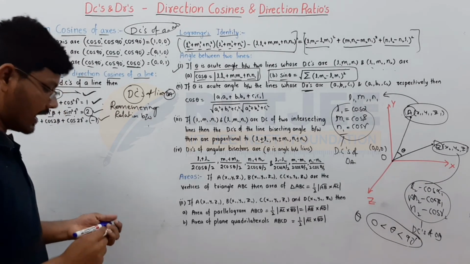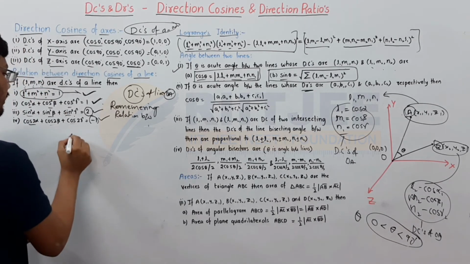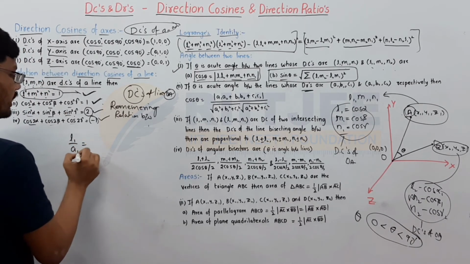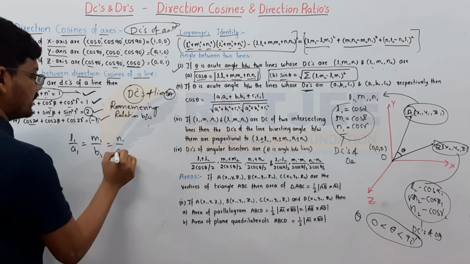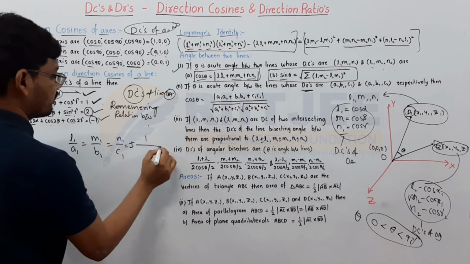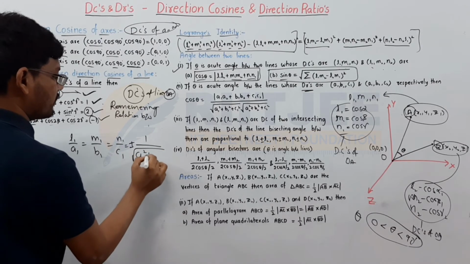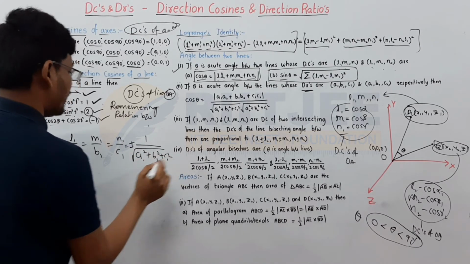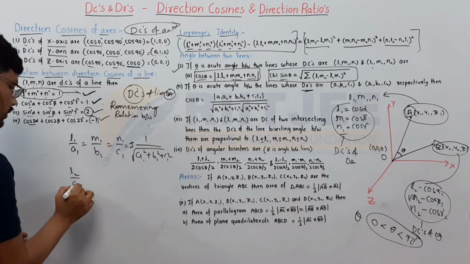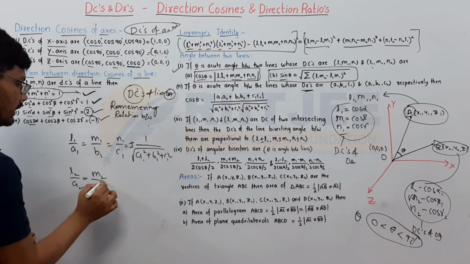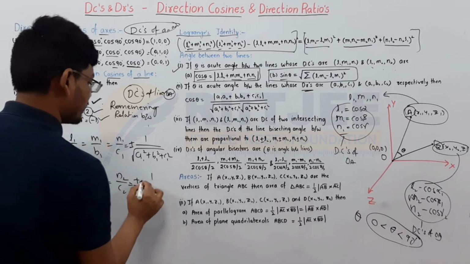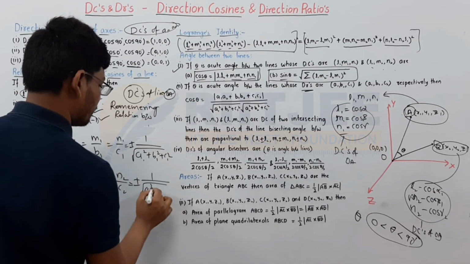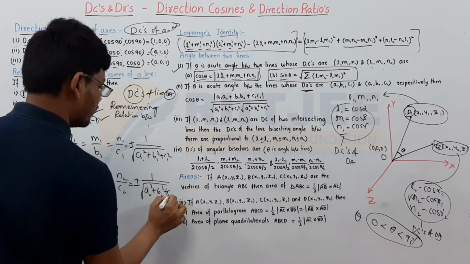Direction ratios DRs is nothing but l1 by a1, m1 by b1, n1 by c1 is equal to plus or minus 1 by square root of a1 square plus b1 square plus c1 square, and l2 by a2, m2 by b2, n2 by c2 is equal to plus or minus 1 by square root of a2 square plus b2 square plus c2 square.